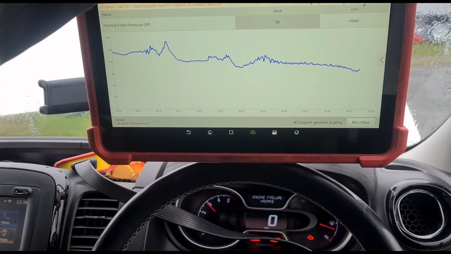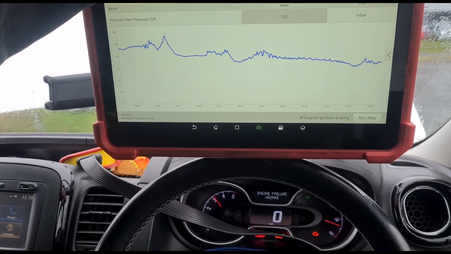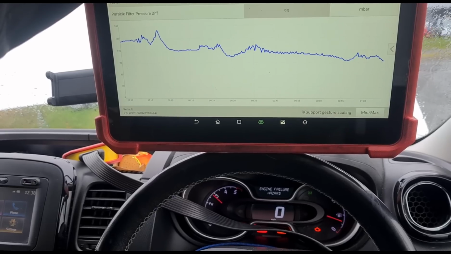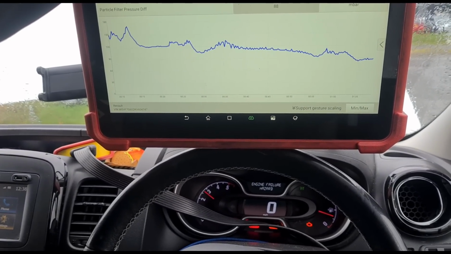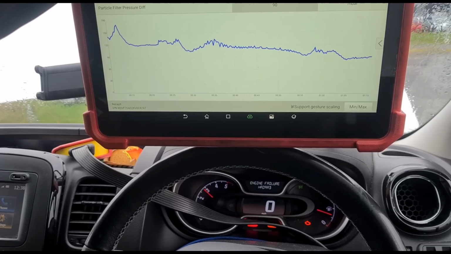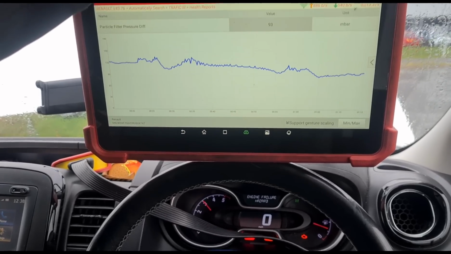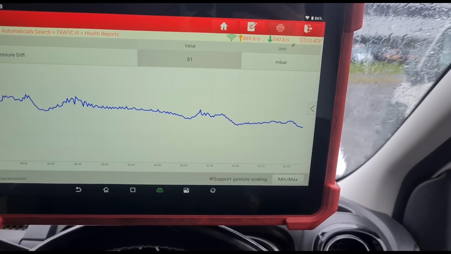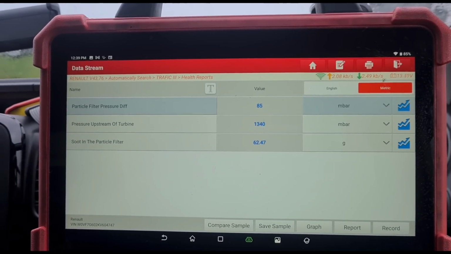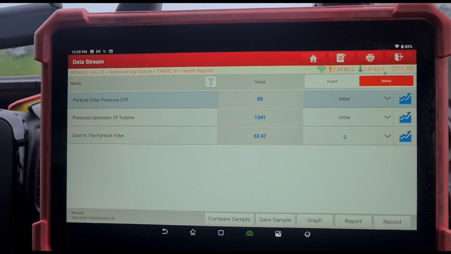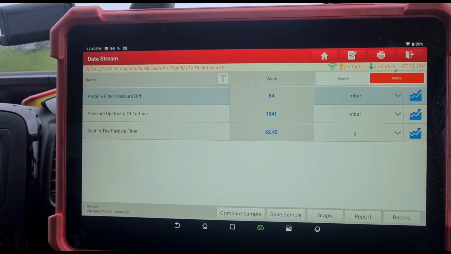We're heading in the right direction. It's just really hard to hold the revs steady on these vans. So we've got it down to the mid 80s there, which is not really good enough yet. I know we're under 100, but these ones are really sensitive. If you don't get them down around 60, it's not much good.